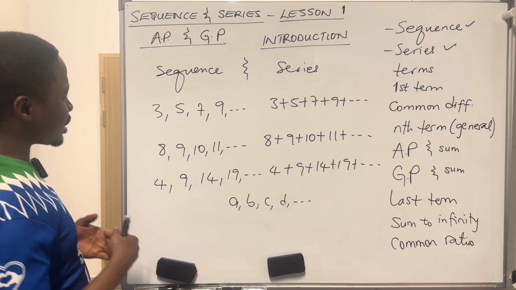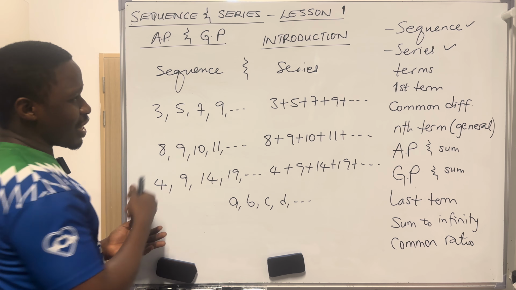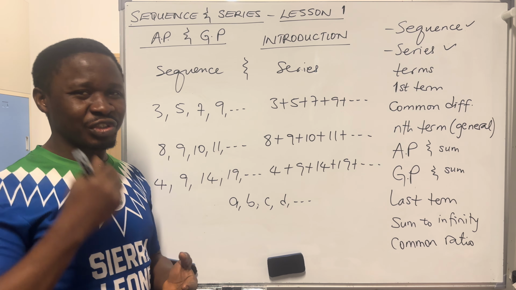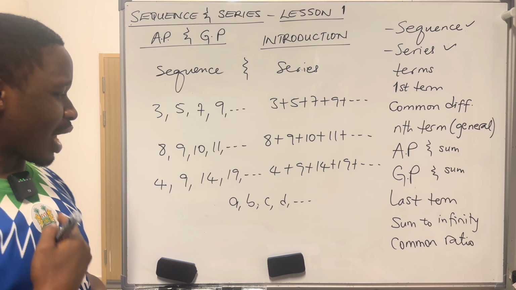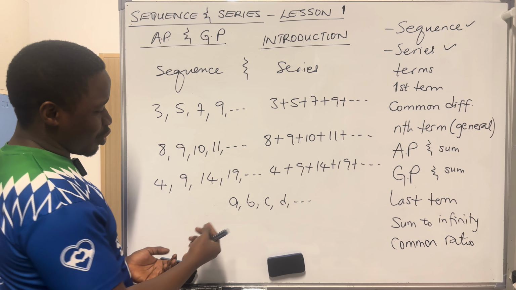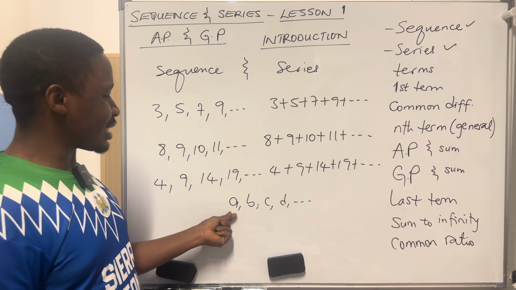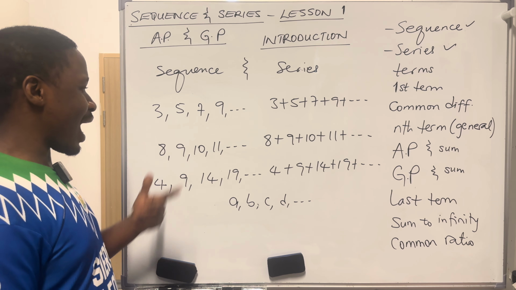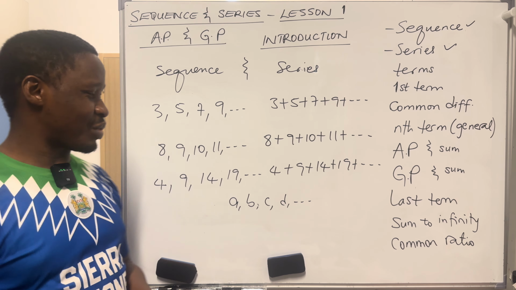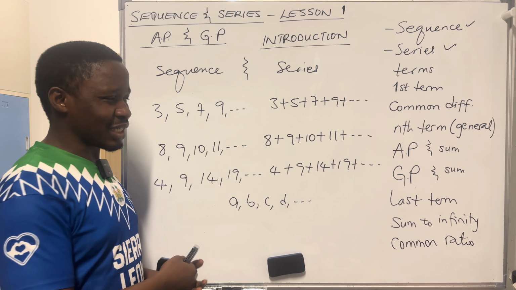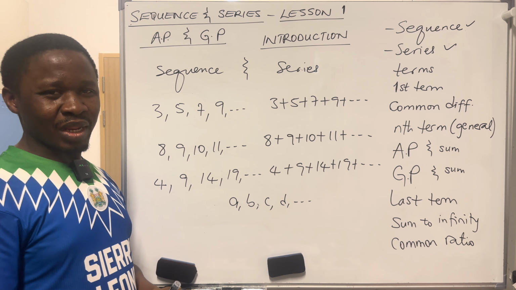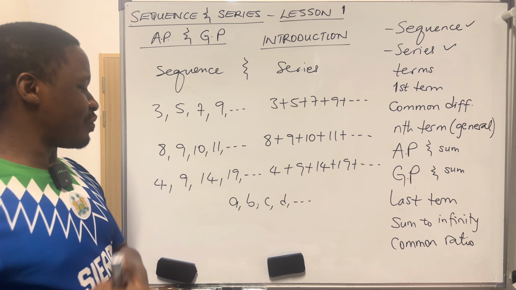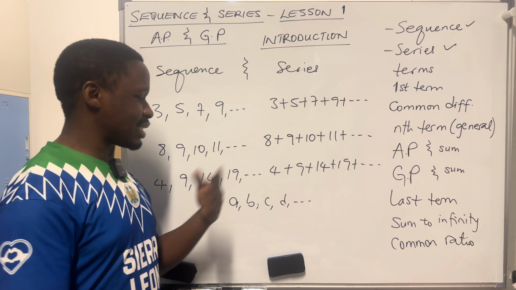Term is a general word. We don't want to say letters are listed, numbers are listed. We can just say a sequence of letters, a sequence of numbers.